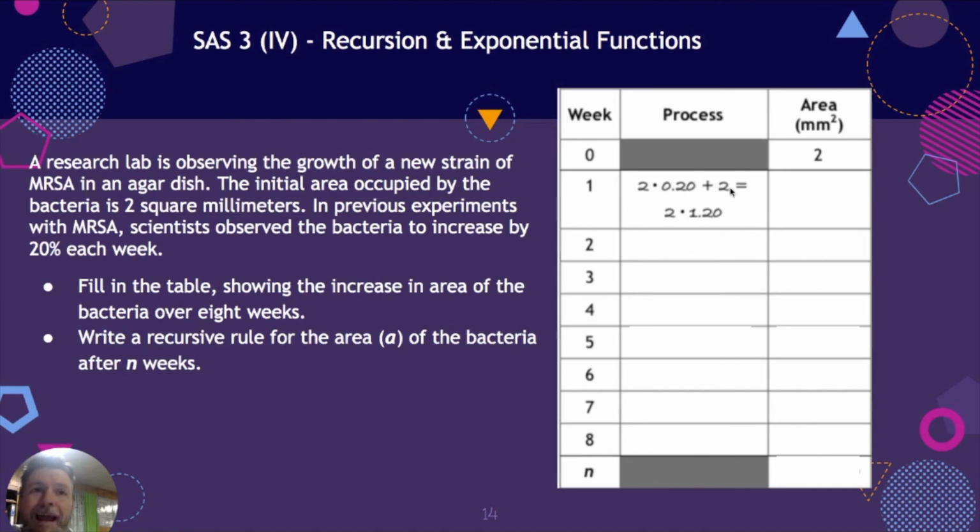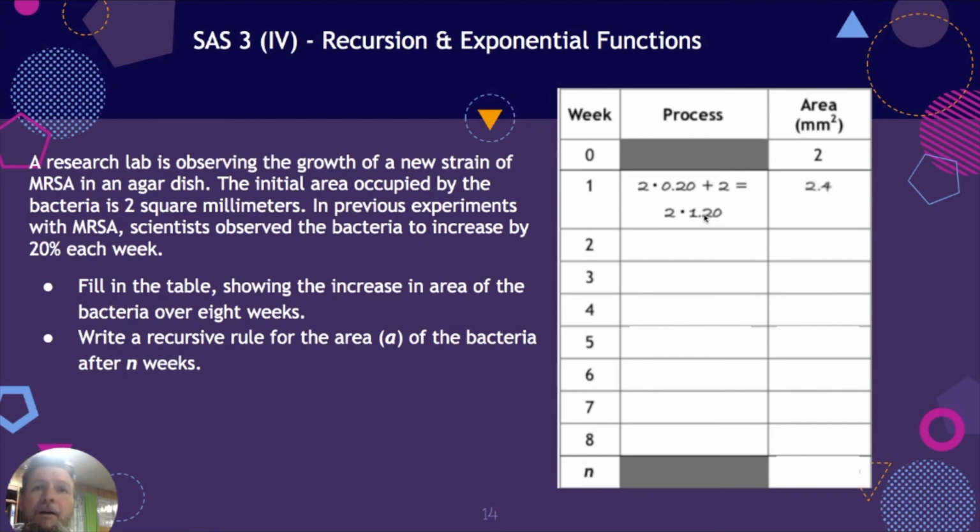Okay? We have to add the 2 millimeters that we started with. We're going to show the increase and add it to what we already have. So it's 2 times 1.2. So in other words, we have an increase of 120%. If it grows 20%, then it's growing a total. The increase is 1. The common ratio is 1.2.